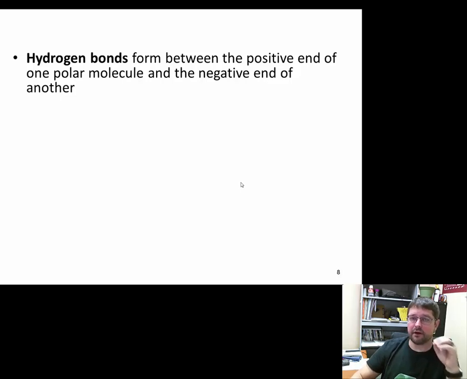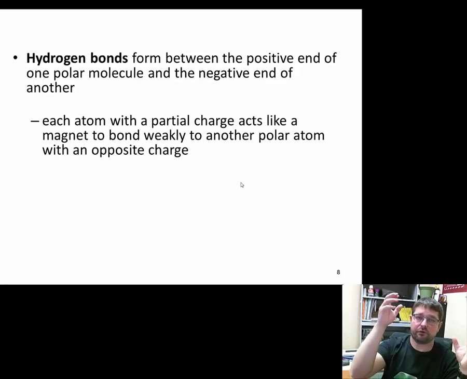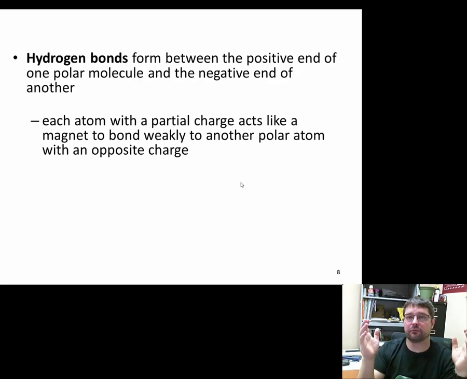Now hydrogen bonds by themselves are really weak. But because hydrogen is such a small atom, it often forms a huge number of hydrogen bonds when in solution. So it'll often form as many hydrogen bonds as possible, filling the need for as many electrons as possible.